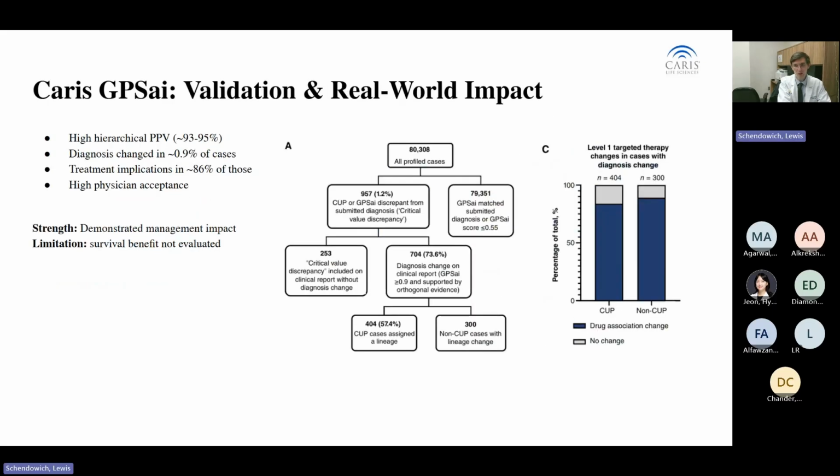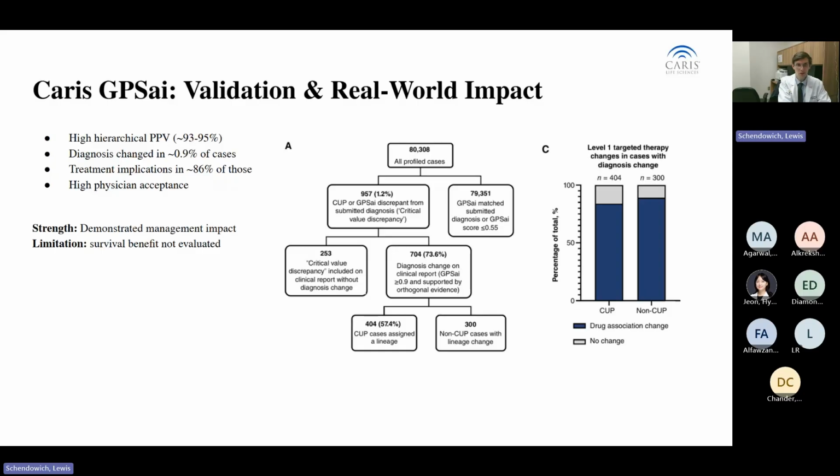So some of the validation and real world impact had a positive predictive value around 93 to 95%. The diagnosis changed when they ran it in real world cases in around 0.9% of cases, which I think is arguably impactful. There are treatment implications in around 86% of those.